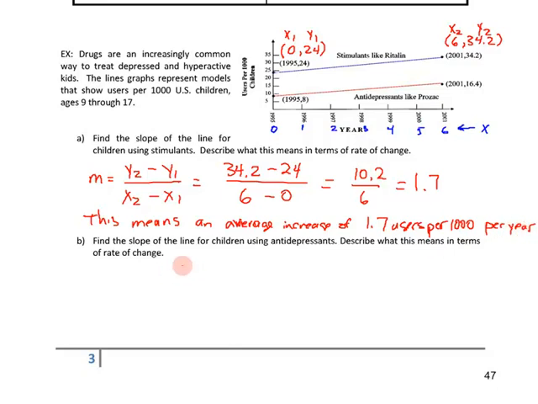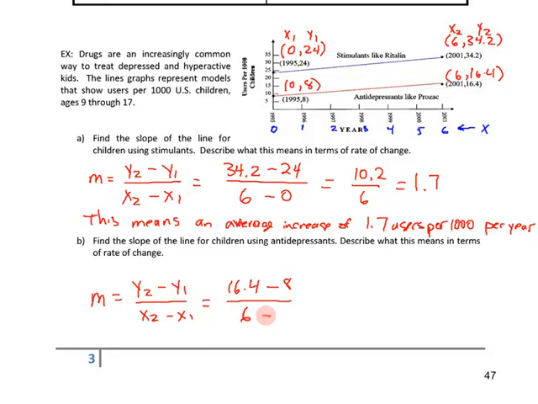Now let's find the slope of the line of children using antidepressants. Same problem. m is equal to y2 minus y1 over x2 minus x1. So our points will be 0 and 8 and 6 and 16.4. So I take 16.4 minus 8 over 6 minus 0, or 8.4 divided by 6, which gives me 1.4.